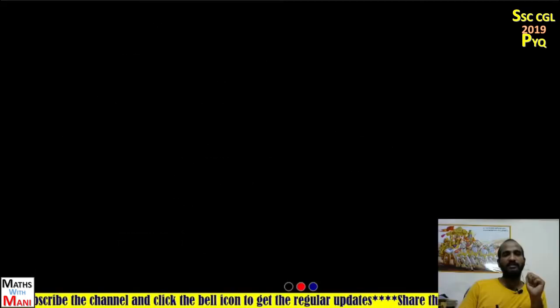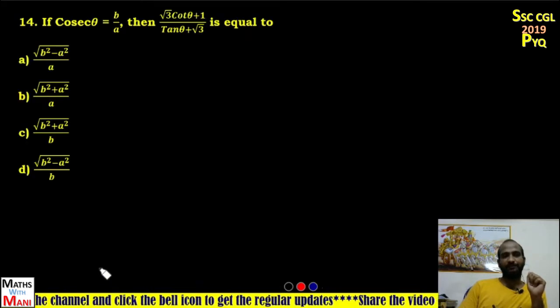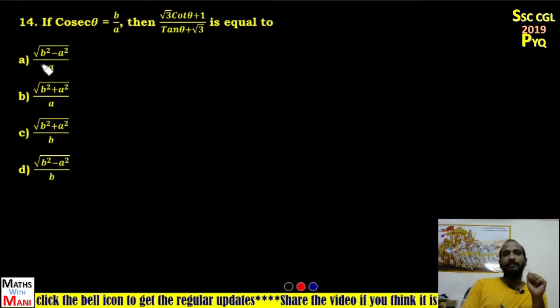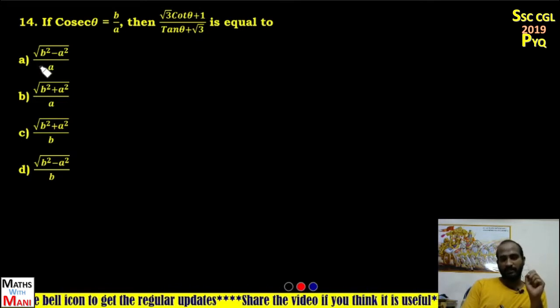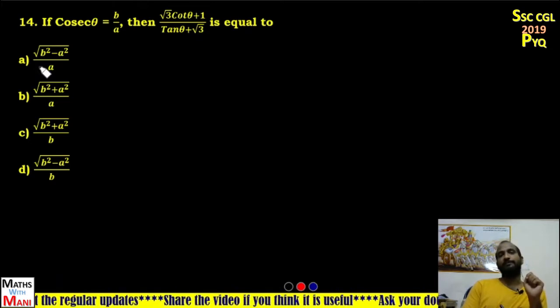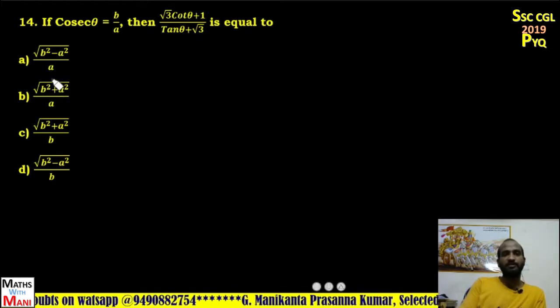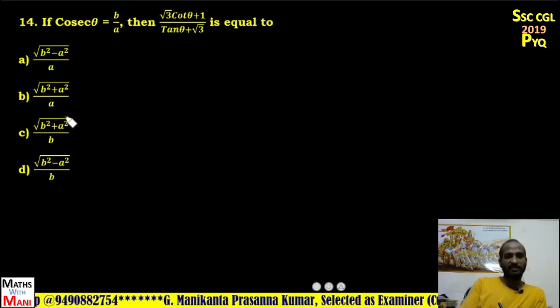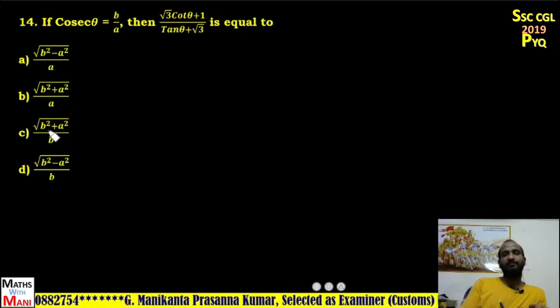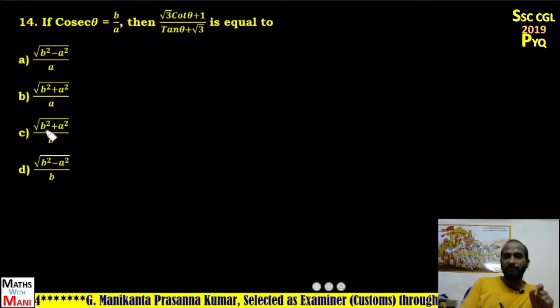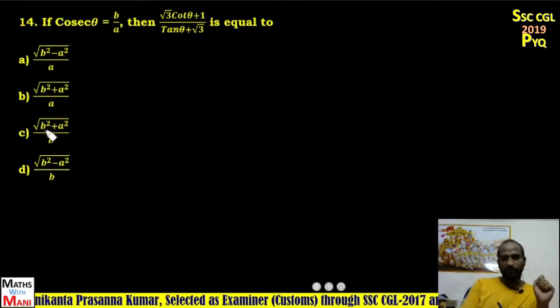So next one is the 14th. Same type: if cosecant theta is equal to b by a, then root 3 cot theta plus 1 by tan theta plus root 3 is equal to. If you observe the options, square root of b square minus a square by a, root over b square plus a square by a, like that. So the same type of problem we already discussed in the first video also.